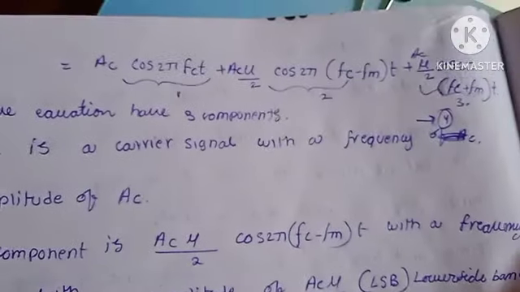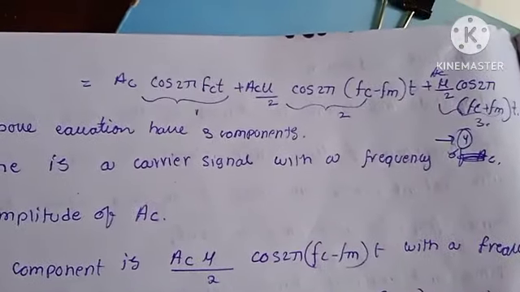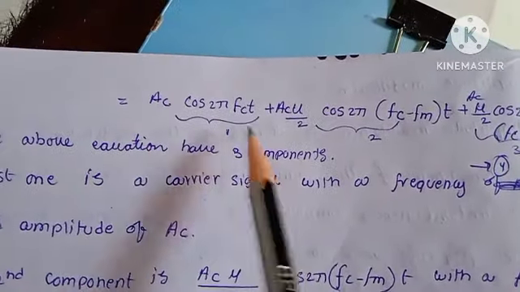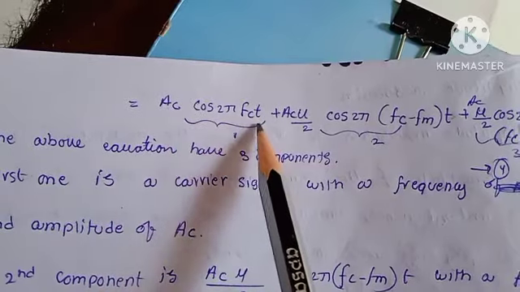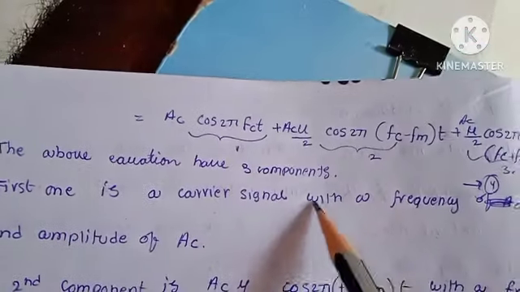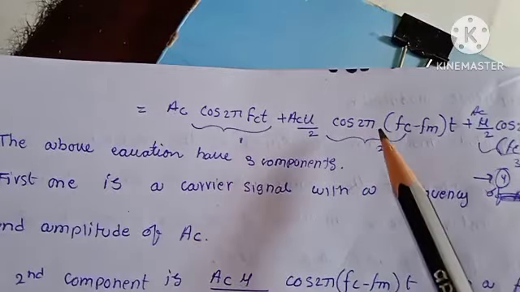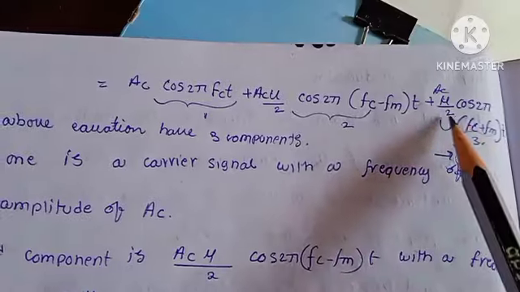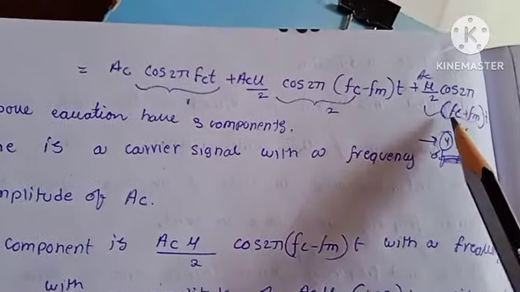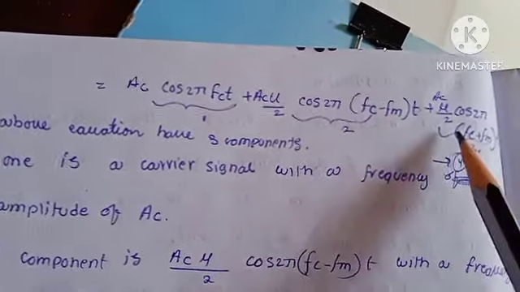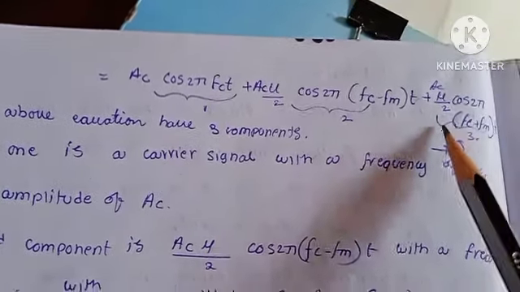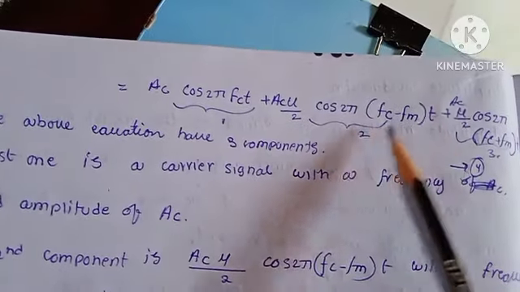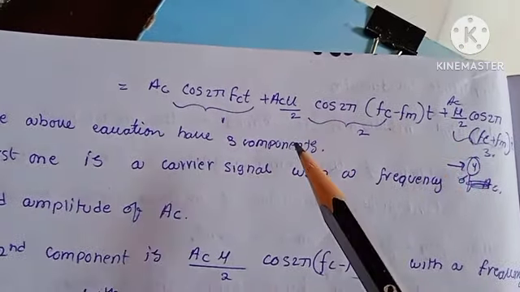So this is the final expression of our amplitude modulated signal. It has three parts. One is Ac cos 2 pi fc t, which is the carrier signal; Ac nu by 2 cos 2 pi (fc minus fm) t, which is the lower sideband; and Ac nu by 2 cos 2 pi (fc plus fm) t, which is the upper sideband. We finally have carrier, lower sideband and upper sideband in our amplitude modulated signal.